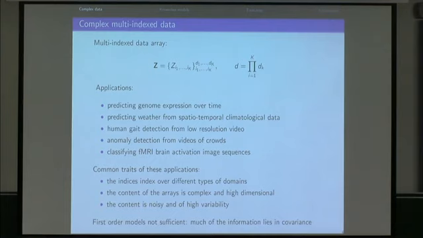Okay, so my main point here is that first order models are not sufficient for this problem of highly complex data, and that much information lies in the covariance. So if you believe that, then you'll believe the rest of my talk.